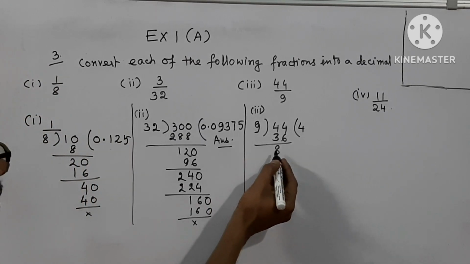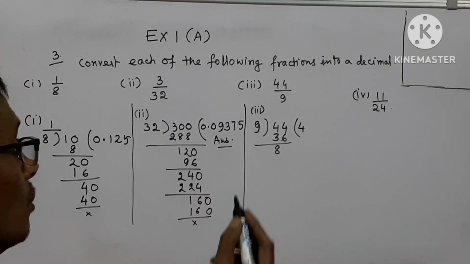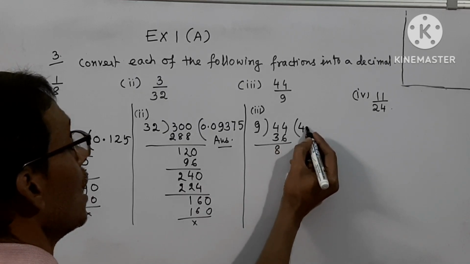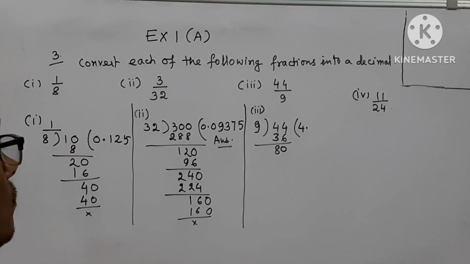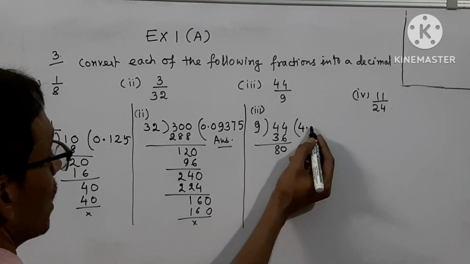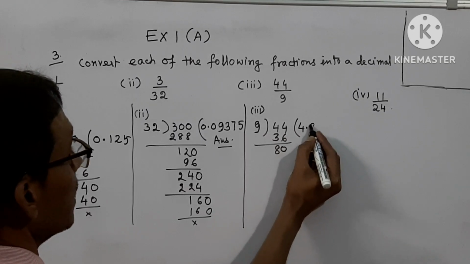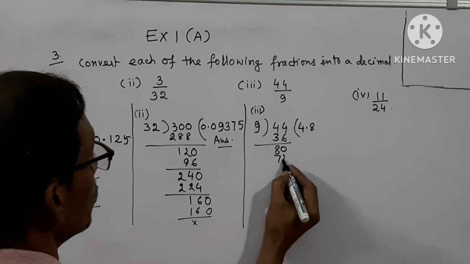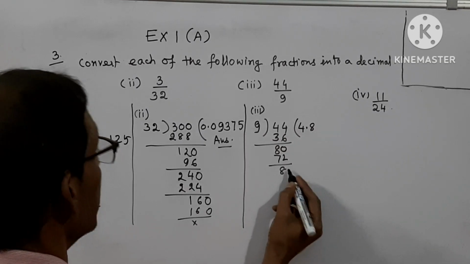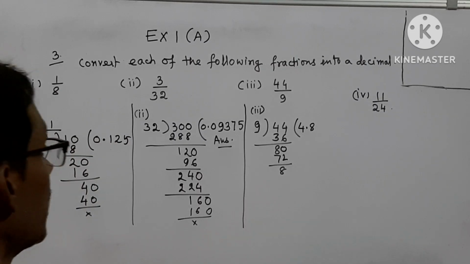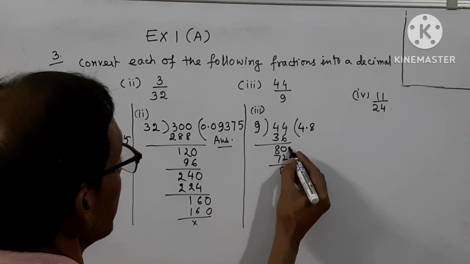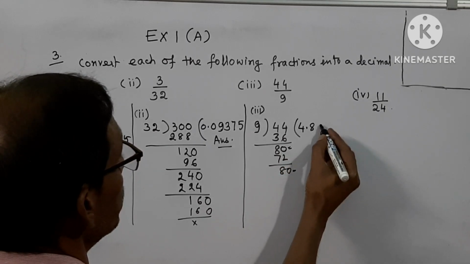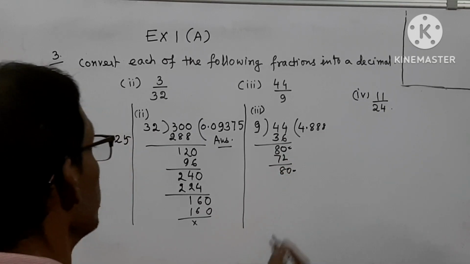Now 8 is smaller than 9, so here you have to put a point and then 0. 8 9s are 72. 8 and then again 0, and see this 8 0 will keep on repeating.